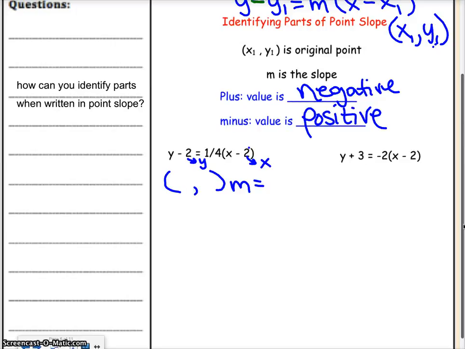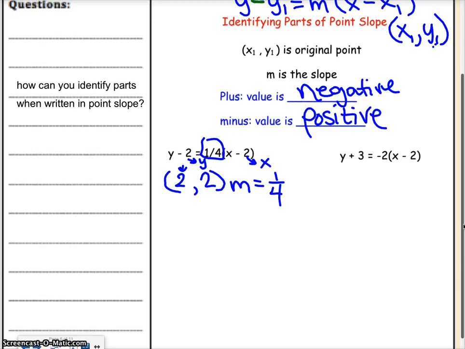So my x goes at the x spot, my y goes to the y spot. That looks kind of messy with that arrow there, but I just want to show you how I'm working through that. You should easily be able to find your slope. It's what's in front. My slope is 1/4.